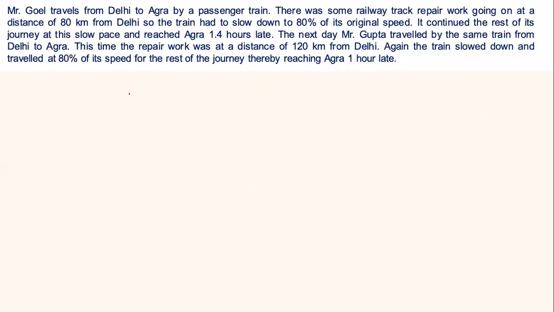Now this is the question. Whenever you read the question, parallelly start drawing the diagram. So it says that Mr. Goyal travels from Delhi to Agra. Let me take this as Agra. What happens normally? We will see. And on that particular day, what has happened? So let us say this is the first point. Let us read.